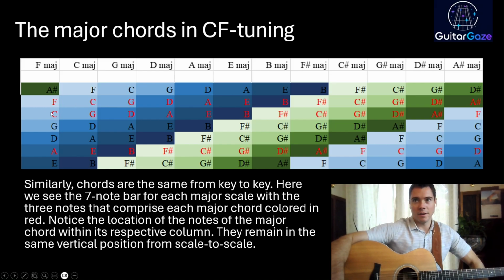So you'll notice the second from the top, third from the top, and second from the bottom note in all of these scales is what the major chord is comprised of. And again, the vertical order of notes from that 12-note tower is maintained.